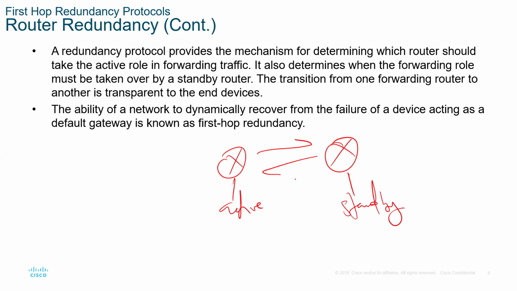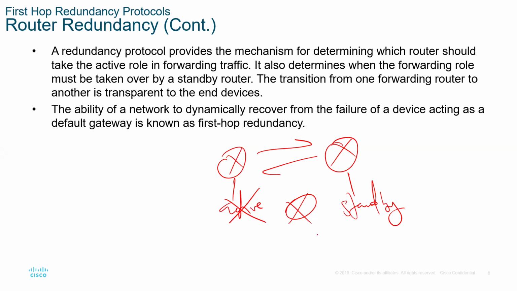Now, protocols also have the function of determining what happens if the active router fails. Now, let's say we have three routers. If we have two, then you might assume automatically the second one gets the role of being active if the current active fails.